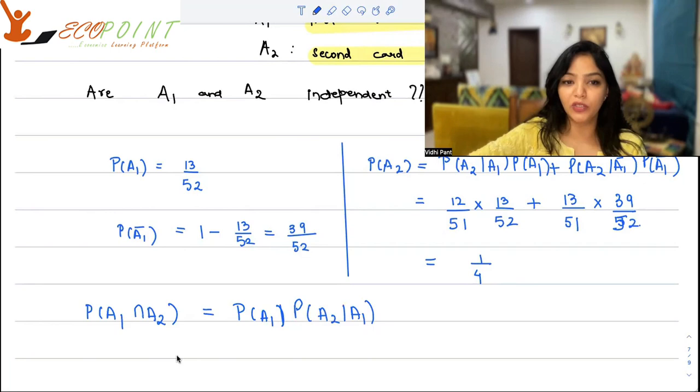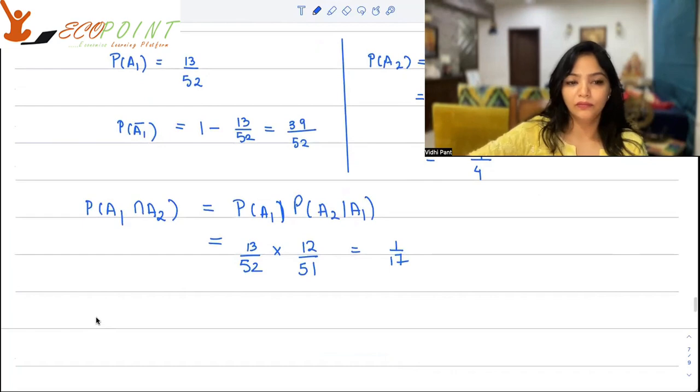That is the multiplication rule. Or in other words, it is probability A2 given A1 into probability A1, whichever way you want to see it. So it's going to be 13 upon 52 into, you would know what this will be. This will be 12 upon 51 because one spade has already been taken out. So this will turn out to be 1 upon 17.